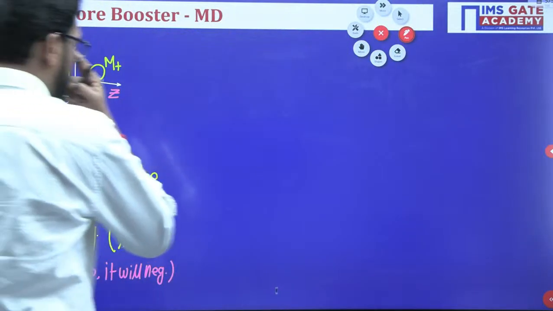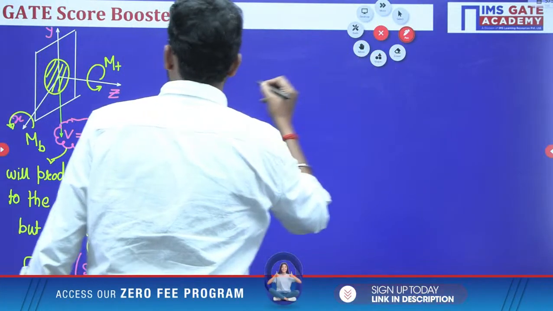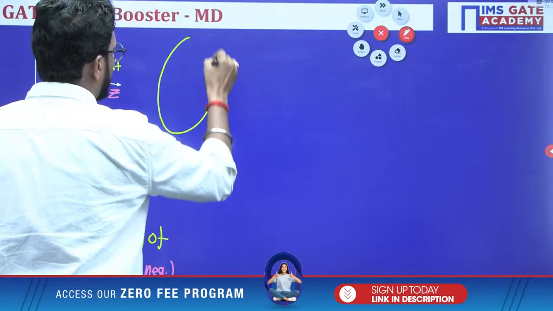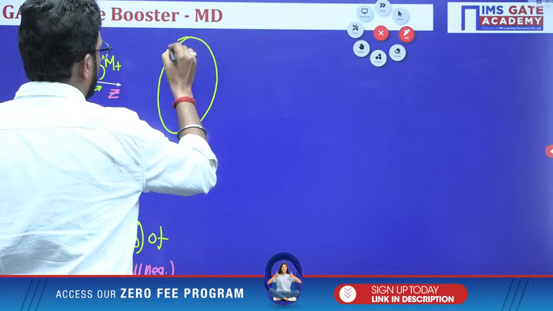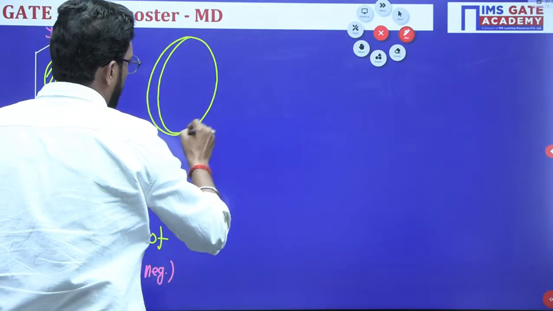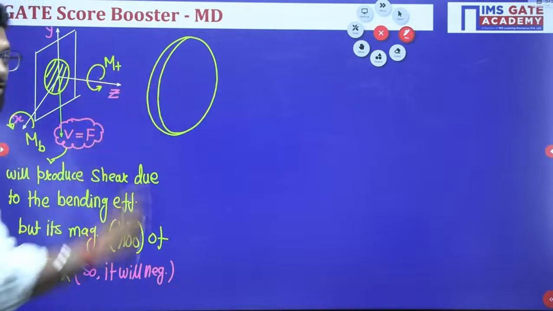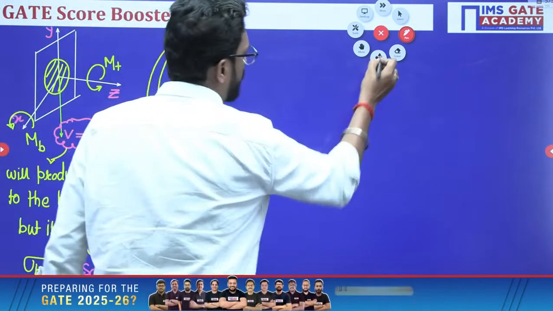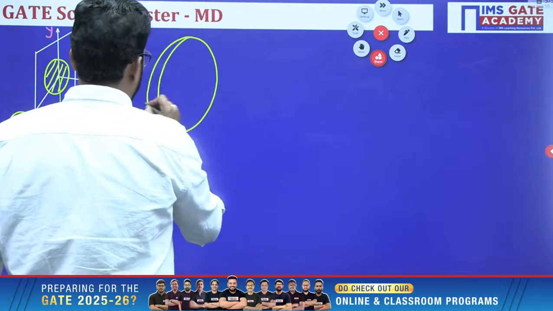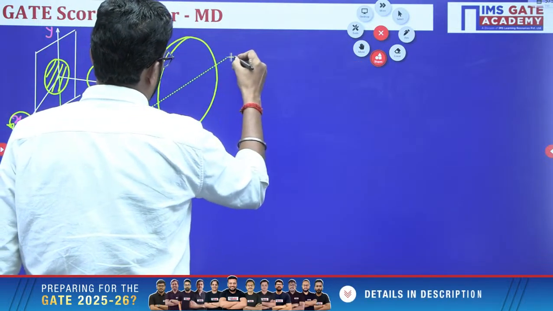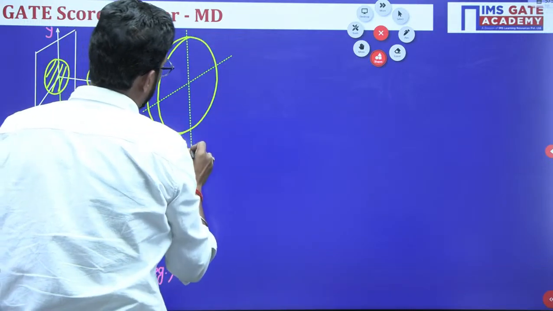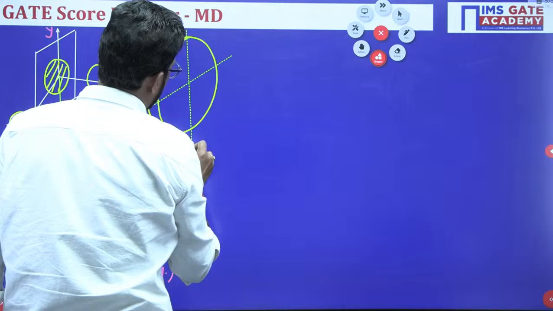Okay. So let's suppose, my dear, this is our fixed section. At the fixed section, let's suppose we draw this axis and this axis.